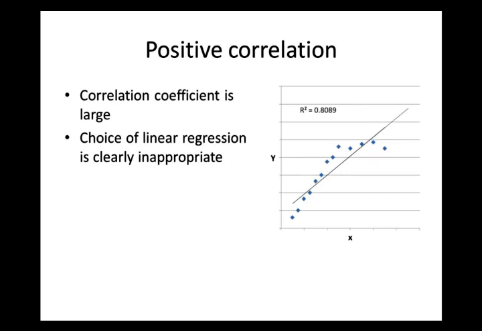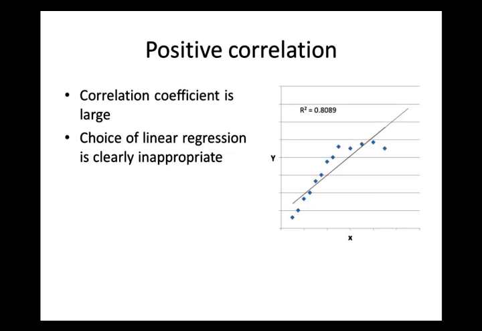And this sort of shape of data is quite typical of biological data, because it reaches either a plateau or a saturation point. And so although you can calculate a regression line and the correlation coefficient is large, we can't say that that regression line represents the data accurately.